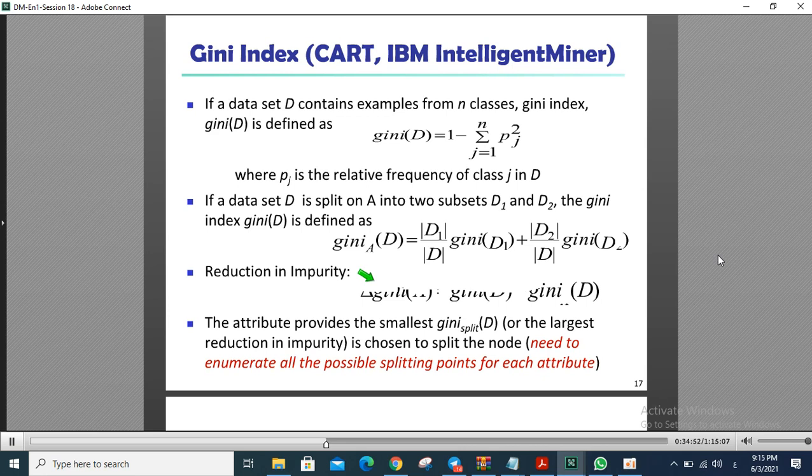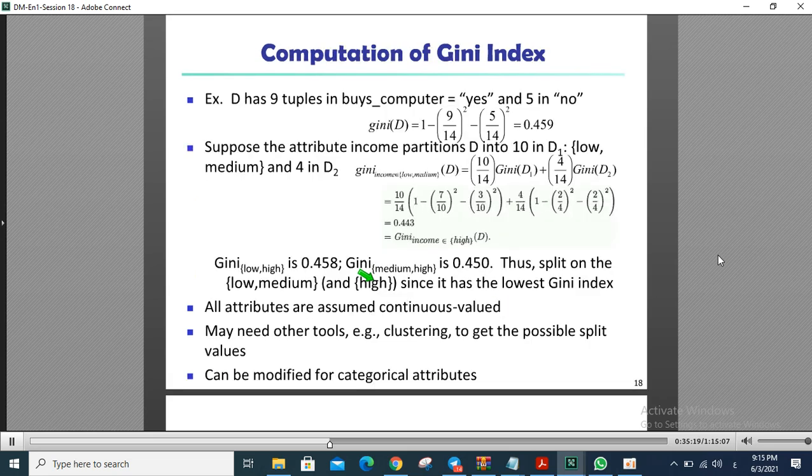So more reduction in impurity means more clarification in my data. So the higher values for delta Gini are better for me. So I'm selecting the income low and medium. Okay.